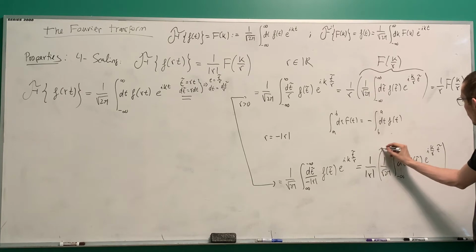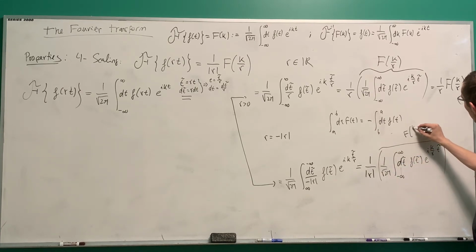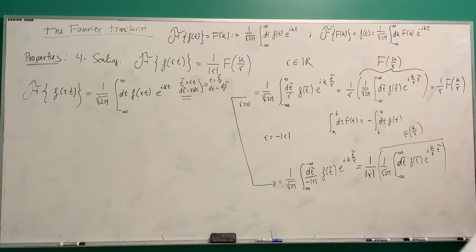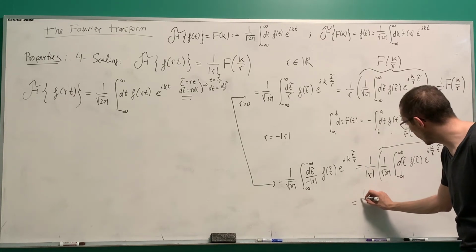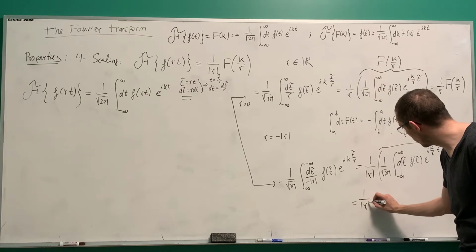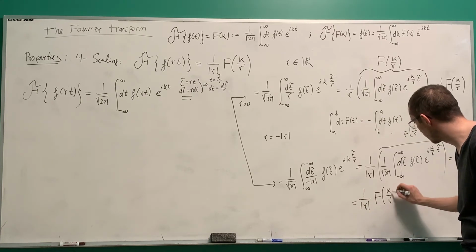And this thing is certainly the Fourier transform, so the Fourier transform of f evaluated at k over r. Whenever you see a k, you write a k over r. So the result here is 1 over modulus r Fourier transform of k over r.